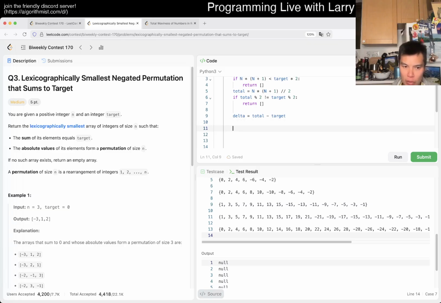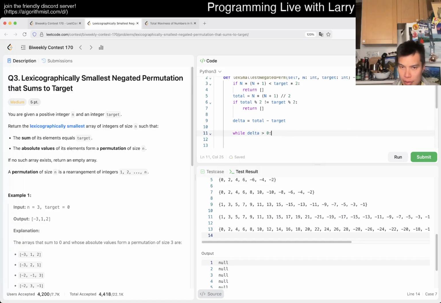And then now we can just do a loop, right? So while delta is greater than 0, right? Okay, or maybe even for i in range of n minus 1 maybe.